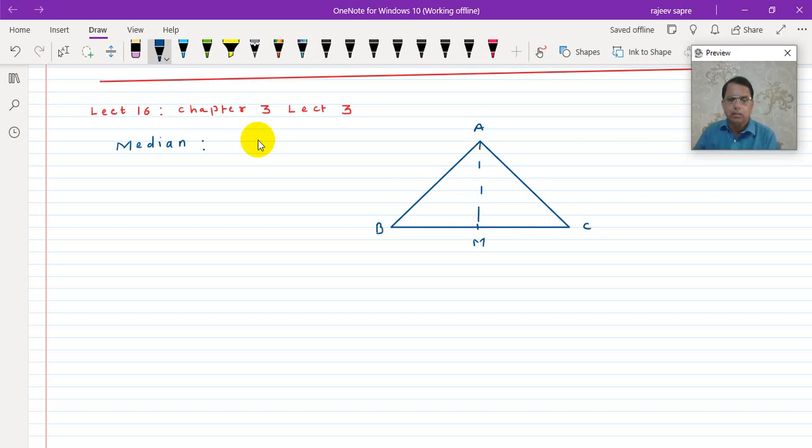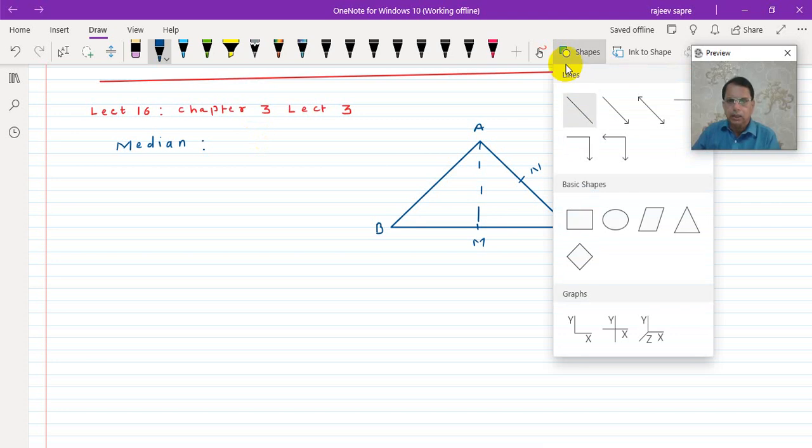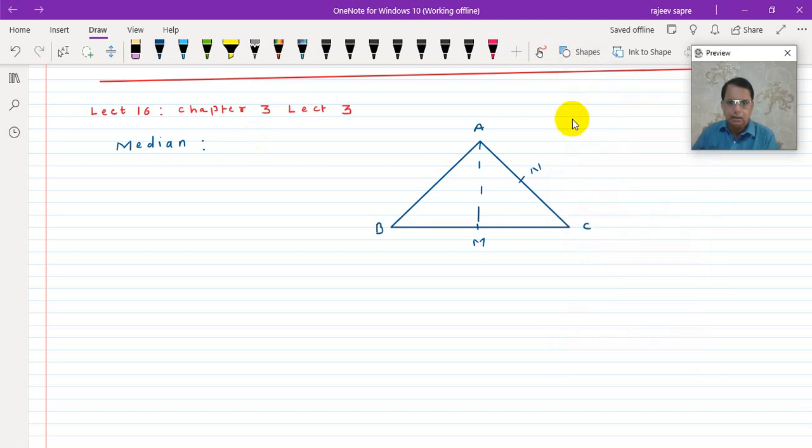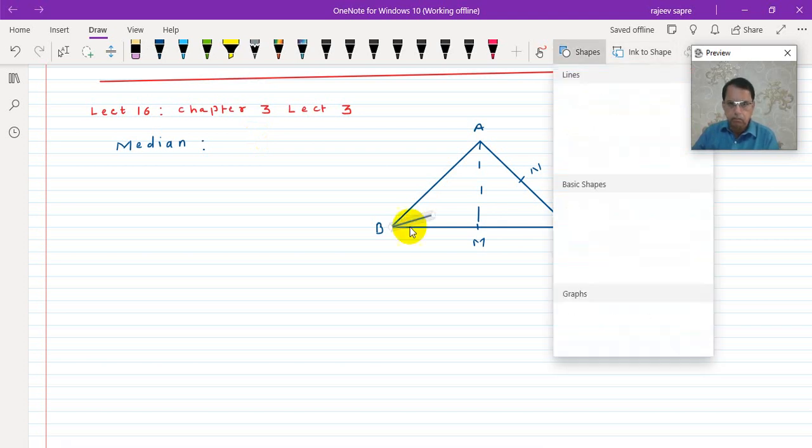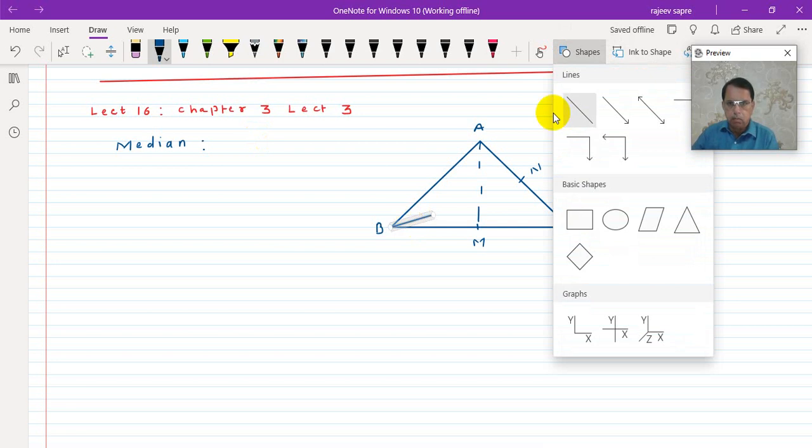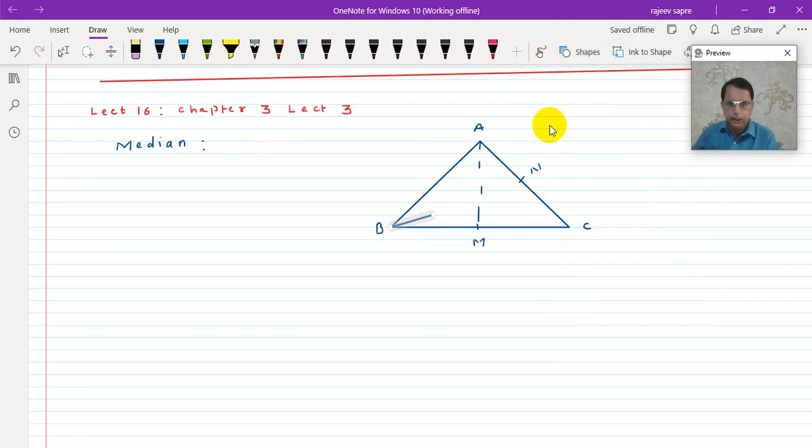Whenever you want to draw, suppose now this is the midpoint N of side AC. Then what you have to do is join B and N. So BN will be the median.